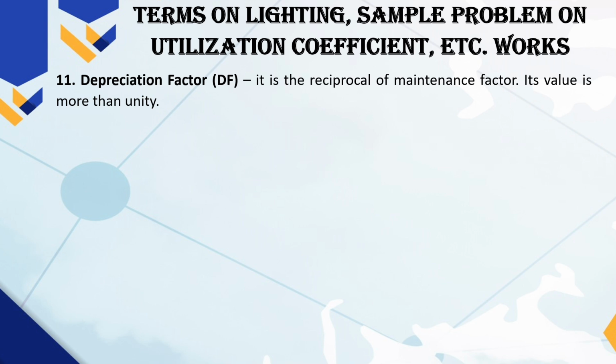Since DF is greater than 1, it indicates that light output decreases over time if maintenance is not performed. Essentially, it quantifies how much light performance is reduced relative to optimal conditions.